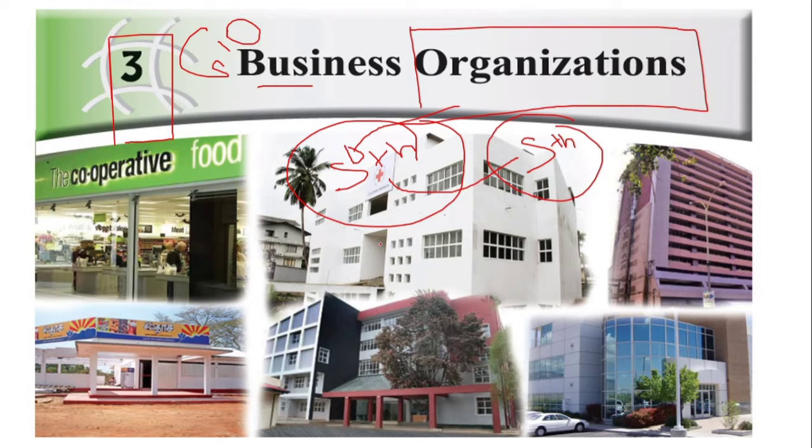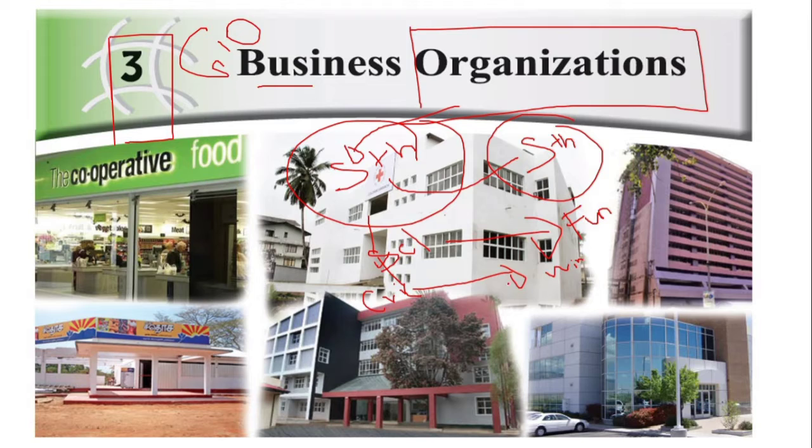For an example, you are organizing a school trip in order to have fun. You are organizing a cricket match in order to win the cup.